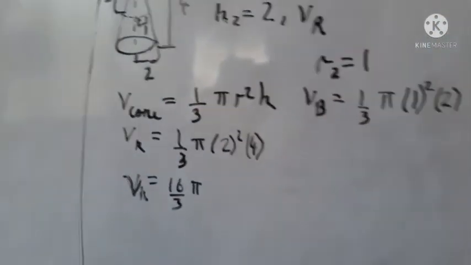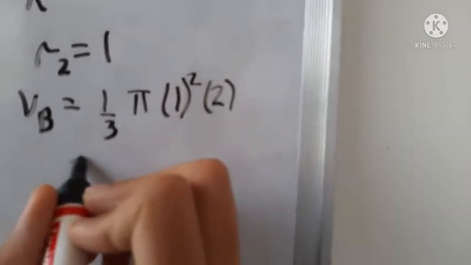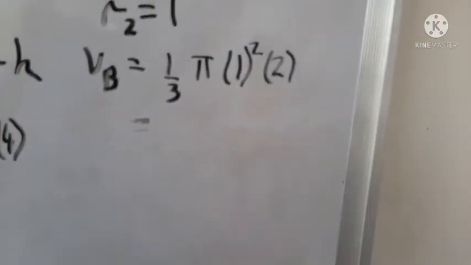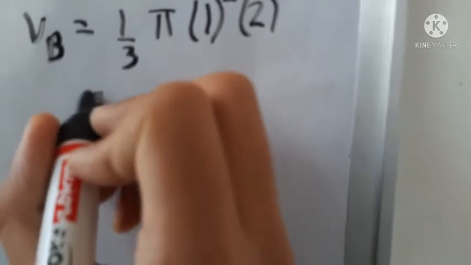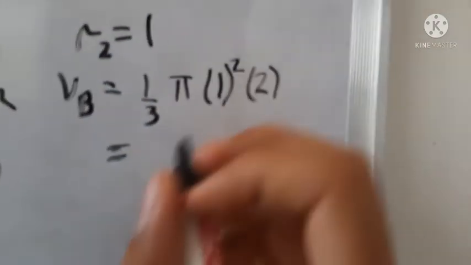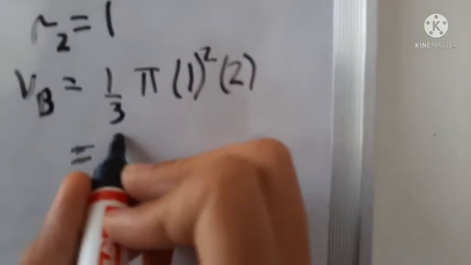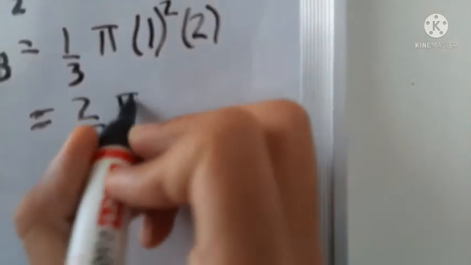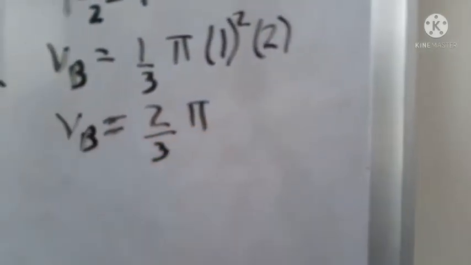I'll put these in brackets too, just to make things crystal clear. This should be easy enough for anyone to calculate. This is just 1, so it's 2/3 pi for V of B.